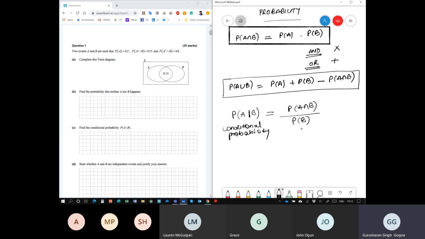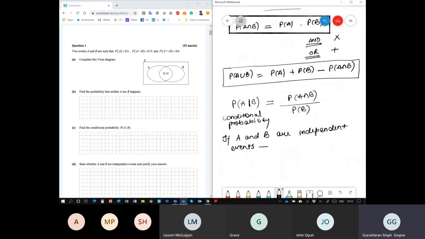But if you consider that A and B are independent events, independent events means the occurrence of one event does not depend on the occurrence of the other event, then they are called independent events.